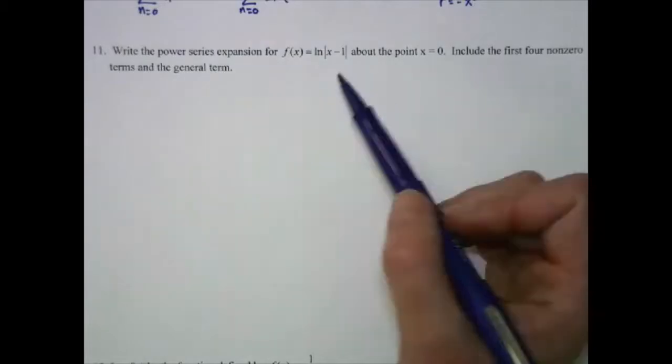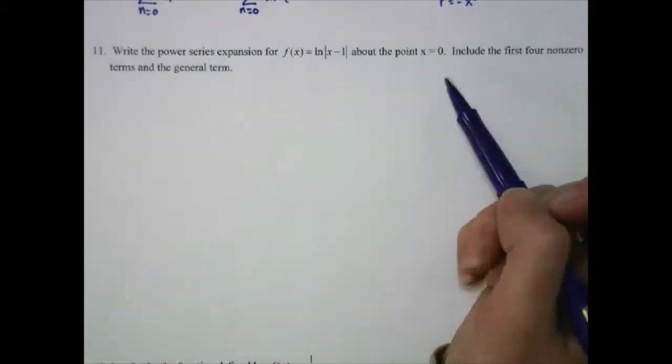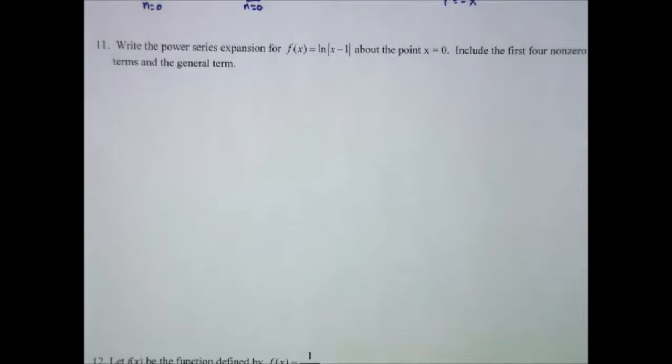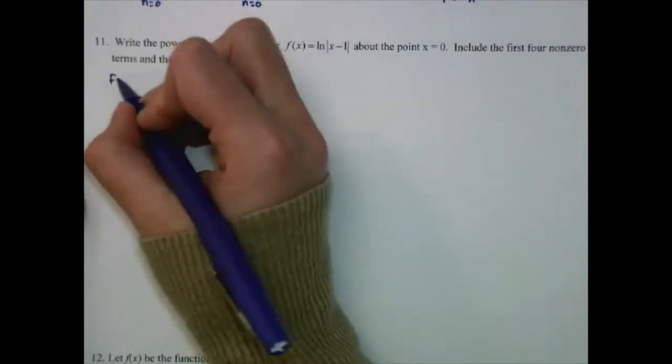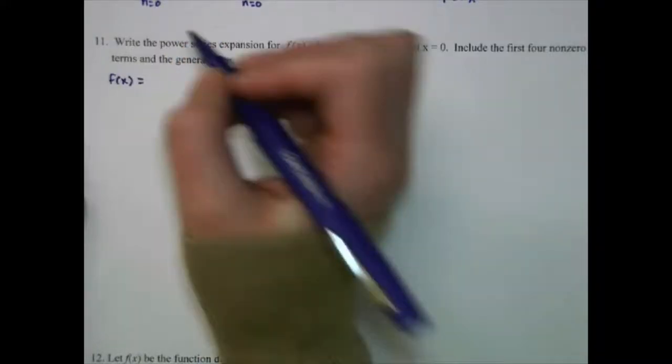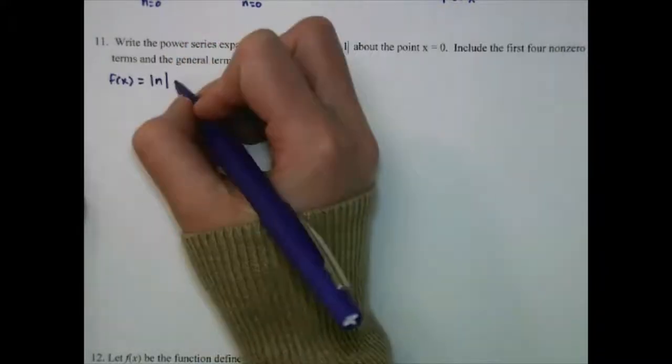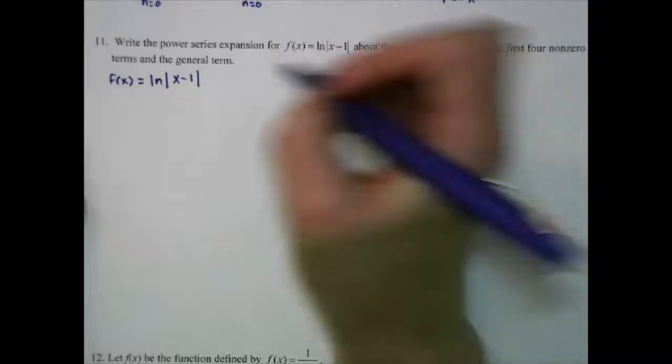Okay, so we're going to write the power series for natural log of x minus 1 around the point x equals 0. We're going to find the first 4 non-zero terms and the general term. You can do this using integrals, or we can do this just using the rules for a Taylor series or Maclaurin series. So f of x is natural log of x minus 1.